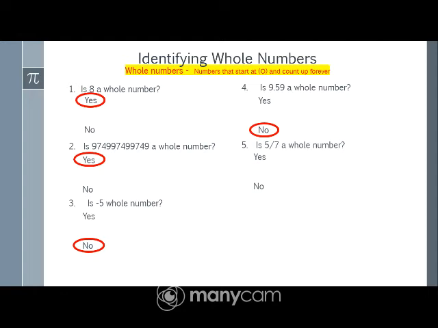Yes or no? If you answered no, you're doing a good job. Whole numbers are not fractions or decimals or negative numbers, right? They are numbers that start at 0 and count up forever.